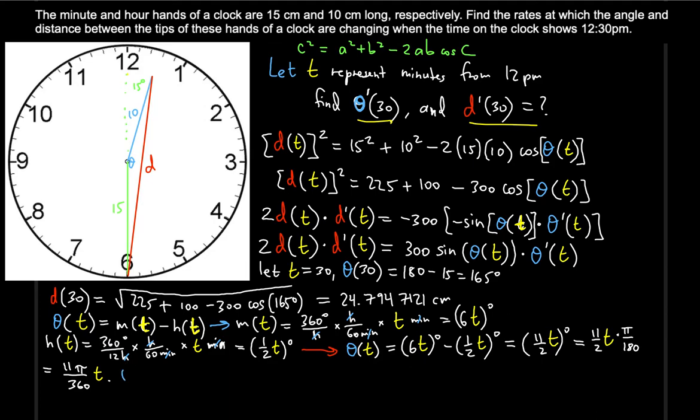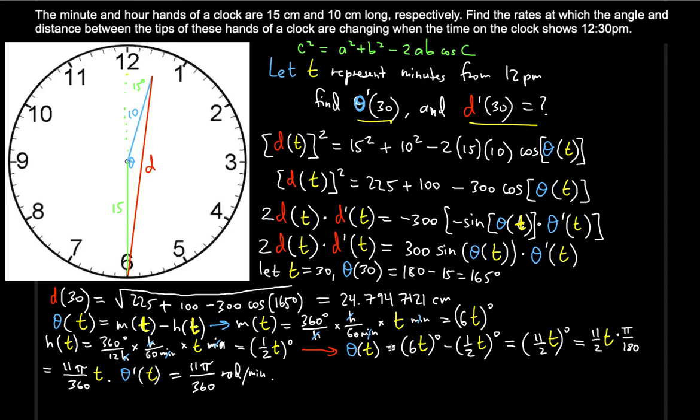So theta prime of t is going to be easy, right? It's just going to be the constant in front of the t. So 11 pi over 360 radians per minute.